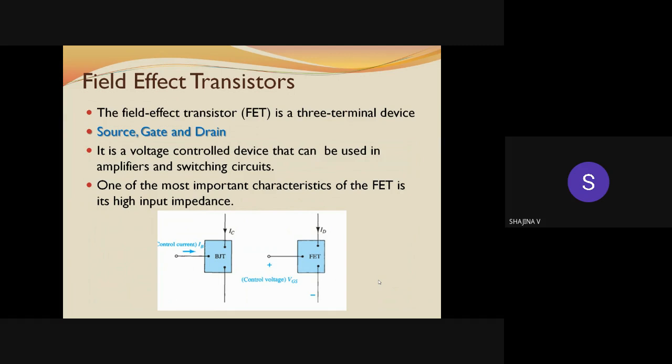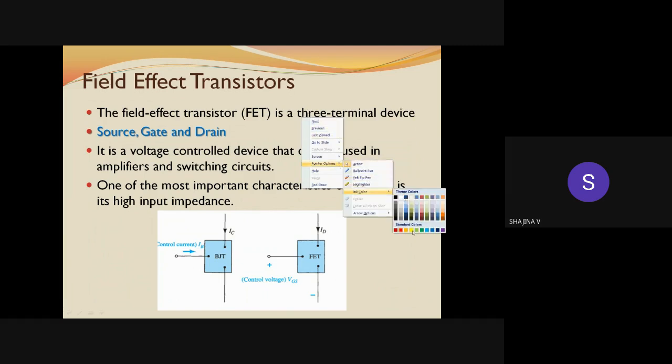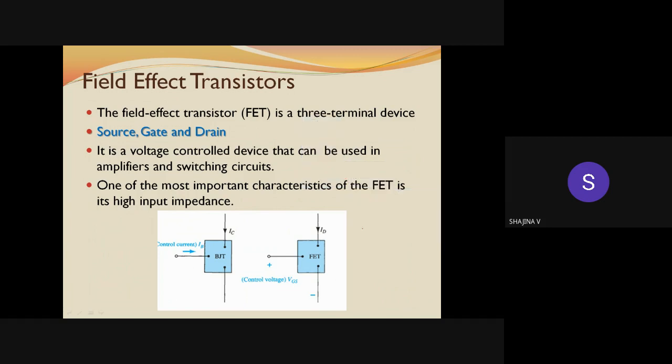You can see the difference, that is the voltage control device. In the figure, the first figure shows the case of BJT. In a BJT, IC is controlled by the input current IB.